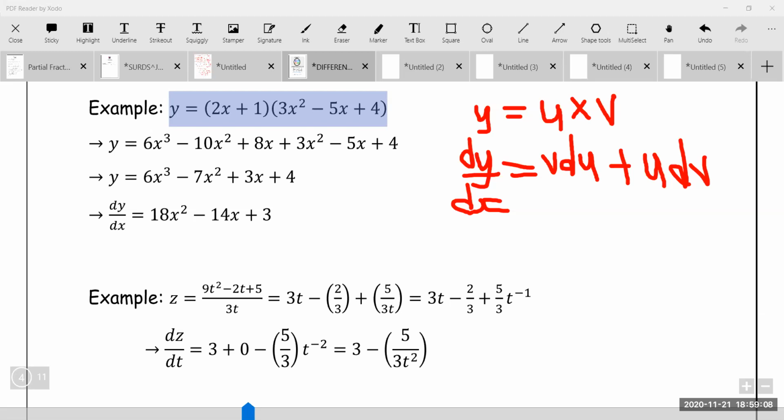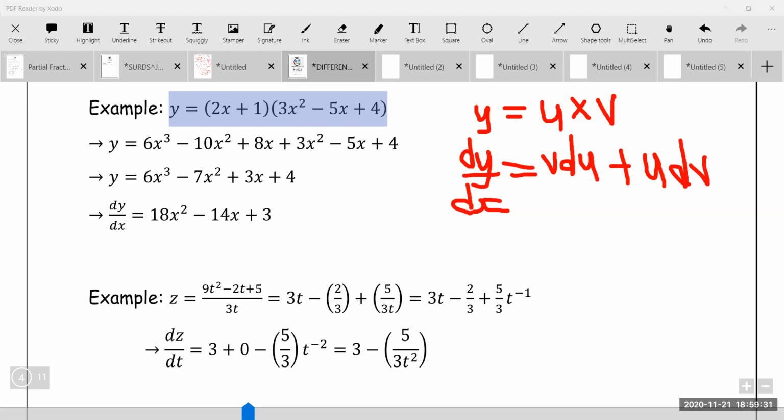Insert equation. This is what we had. Y is equal to 2x times 3x squared. Yeah, this was y, and we wanted to find dy by dx.